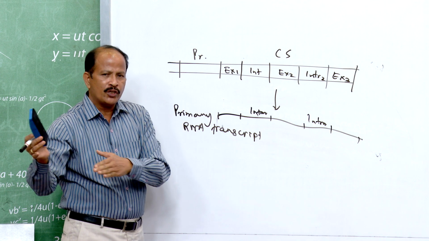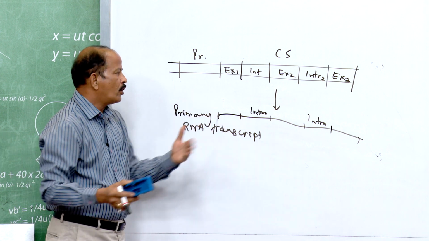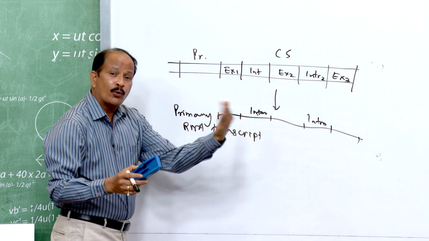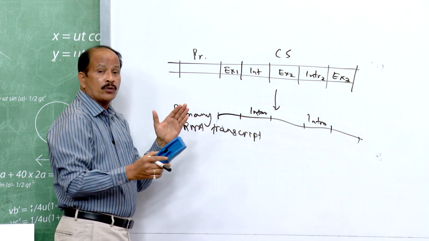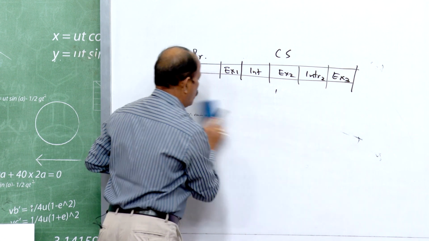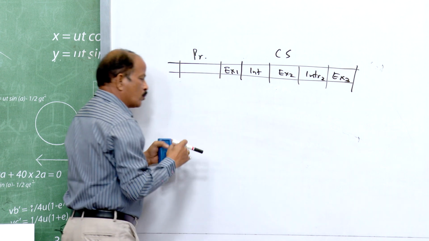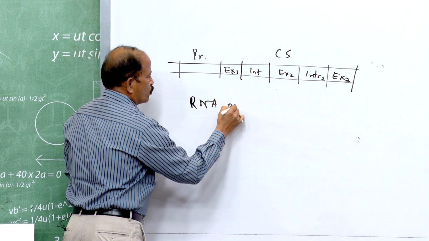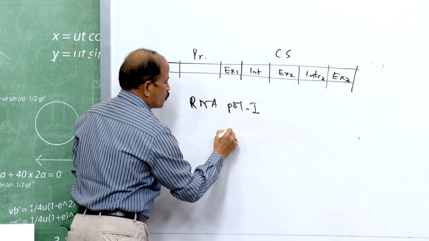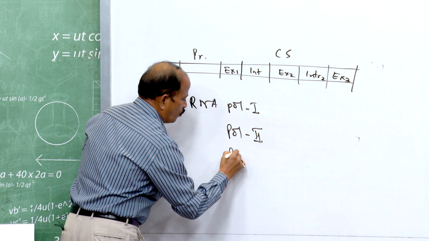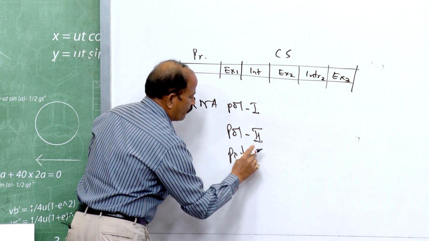I will show you this in the slide, but here let me emphasize that in contrast to prokaryotes, eukaryotes have 3 different types of RNA polymerases: RNA polymerase 1, polymerase 2, polymerase 3, but prokaryotes have only one type.